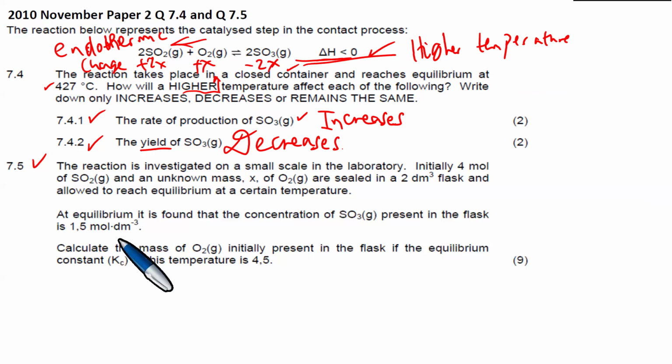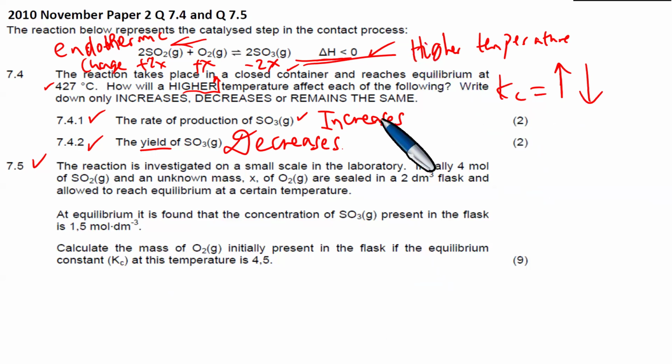Why? Because in particular, temperature is the only thing that changes the Kc. What causes the Kc to either increase or decrease? It's nothing else. In principle, it's only temperature.